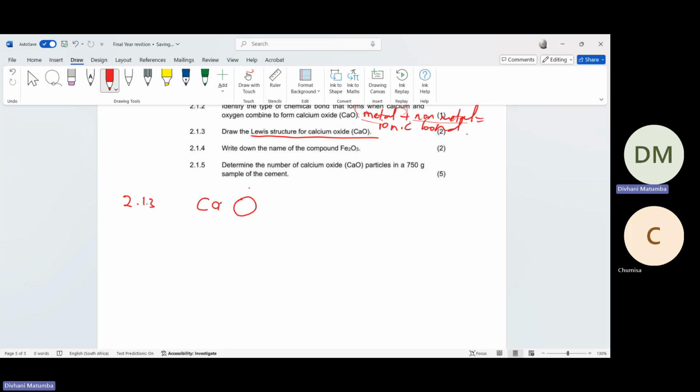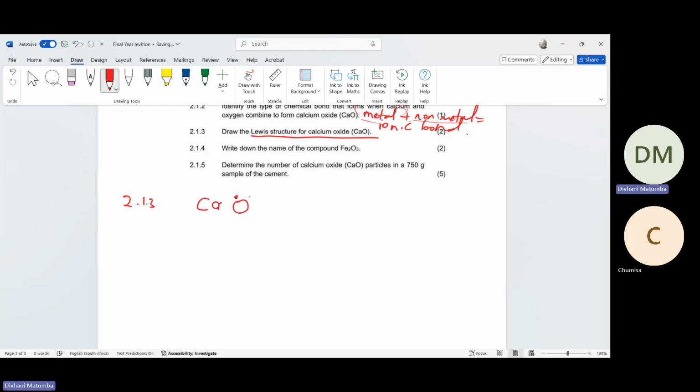Okay, now oxygen, there is oxygen. Oxygen has how many valence electrons? How many valence electrons does oxygen have? Miss? That's 6. 6, perfect.